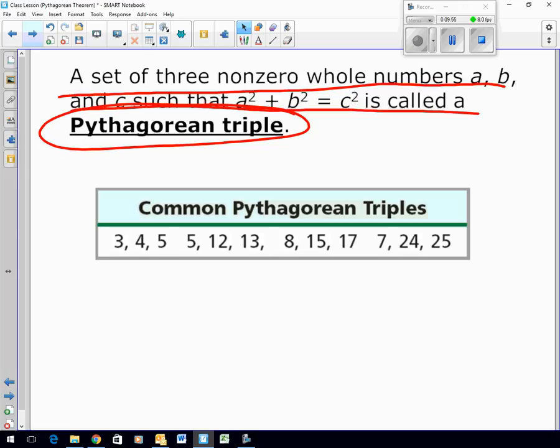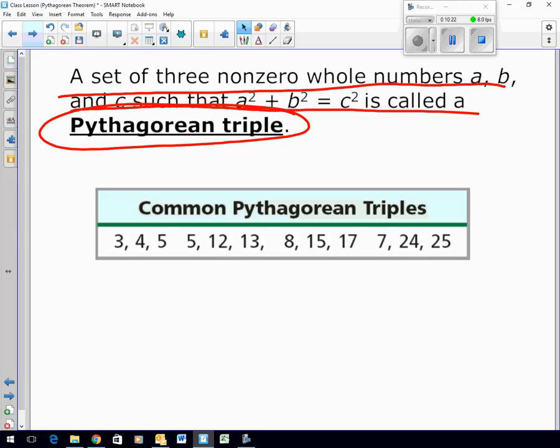They are non-zero, so is 0 included? No, it's not. Let's take it a step further. Will I have negative numbers here? No, because I'm talking about a length, correct? This is a length of a triangle. I can't have a negative length.